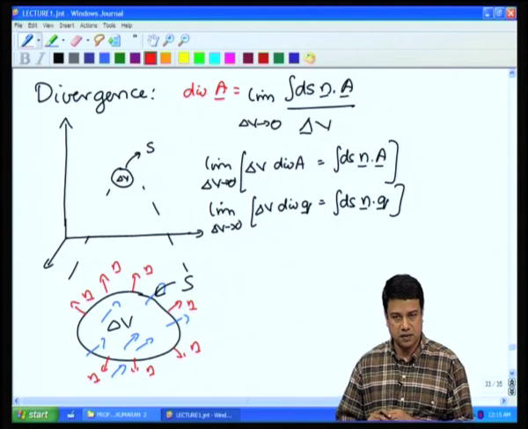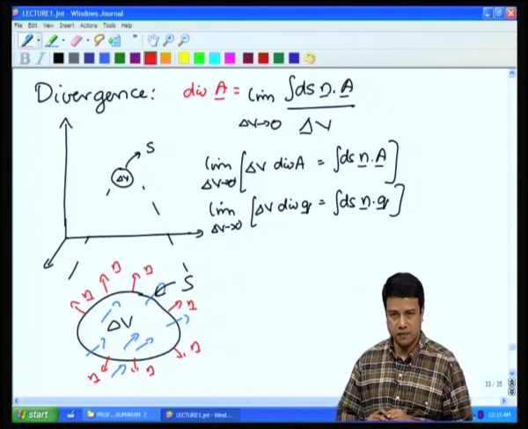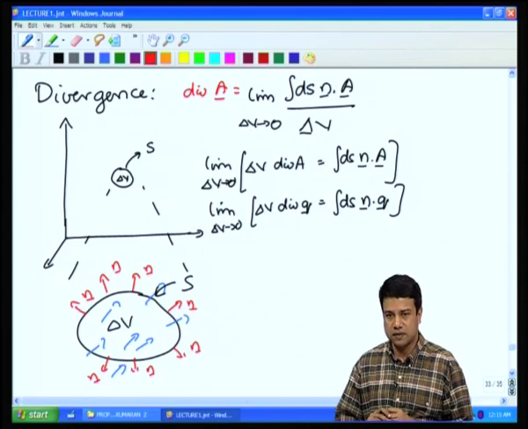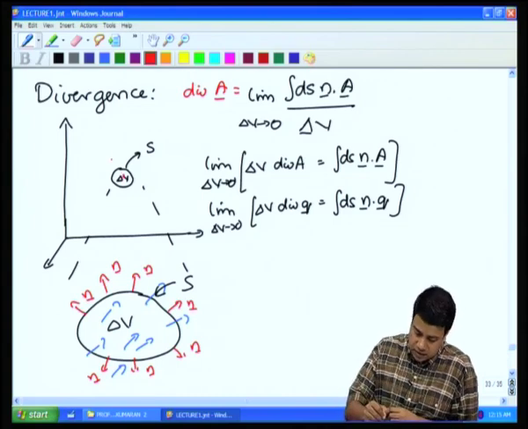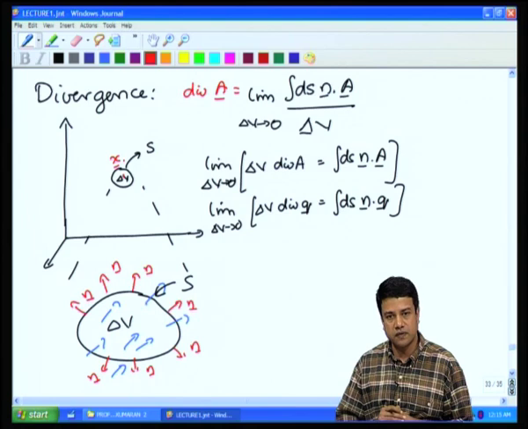Our next derivative was the divergence. Divergence acts on a vector in general, and we had defined it as follows. If I want the divergence at a given location x vector, I go to that point x and I construct a small differential volume delta V around this point.